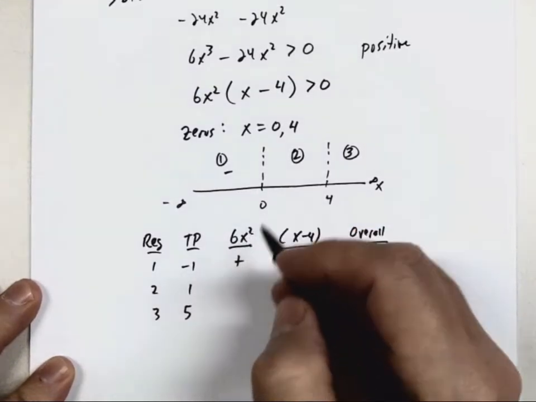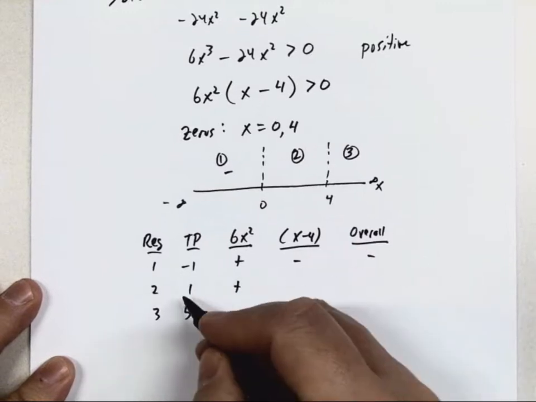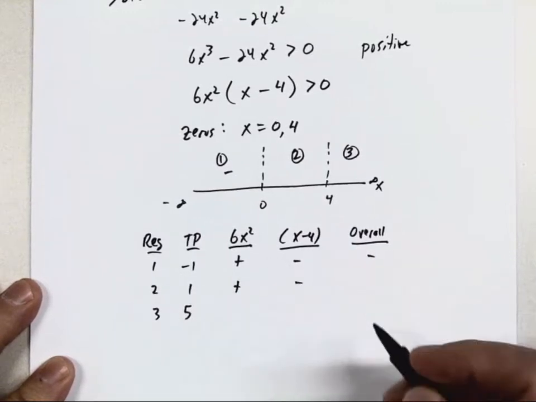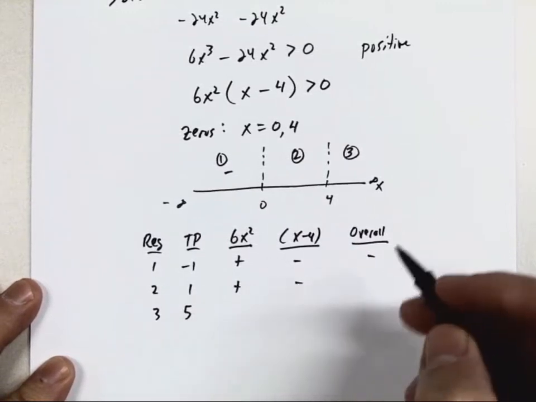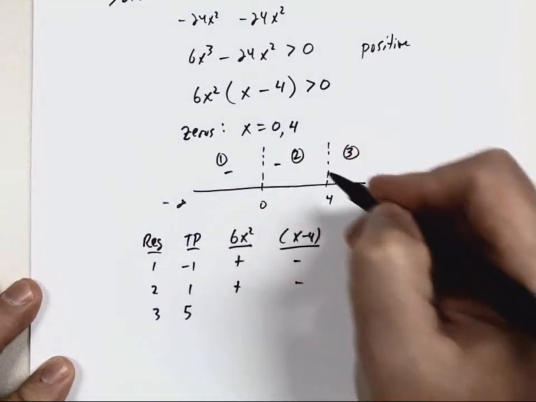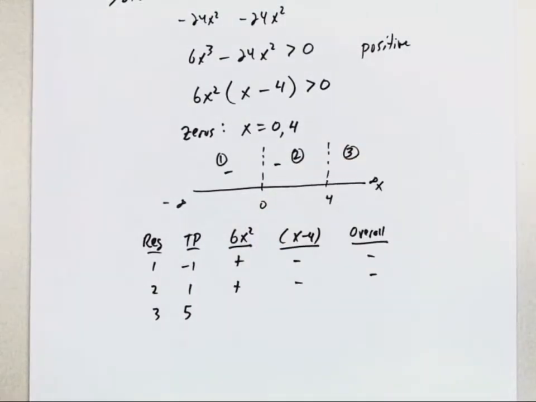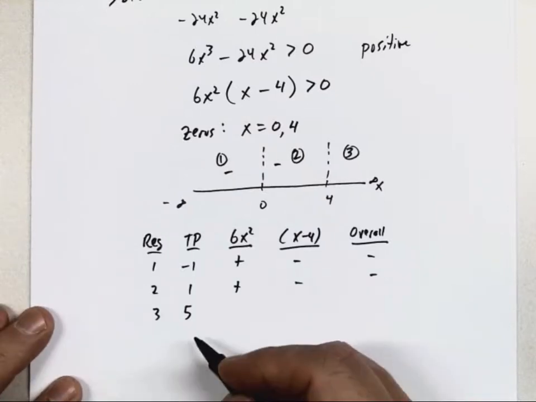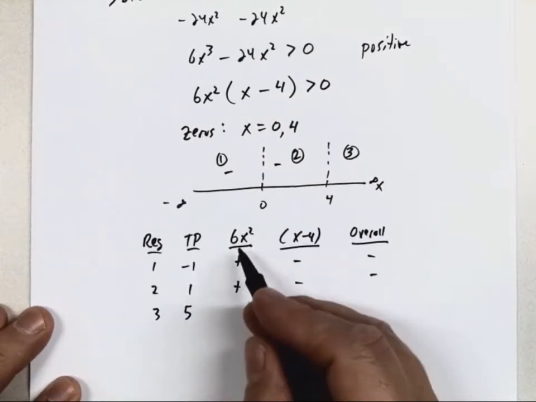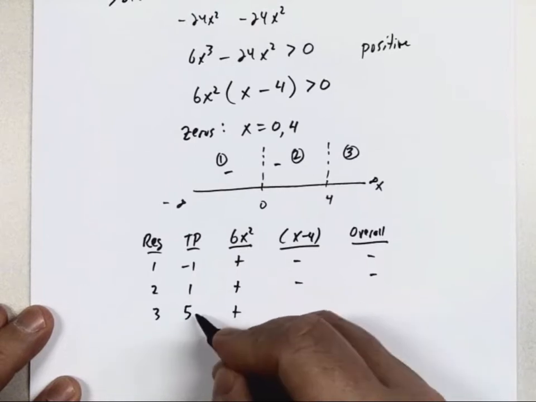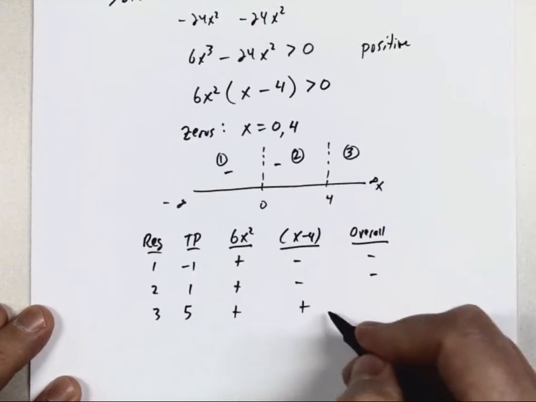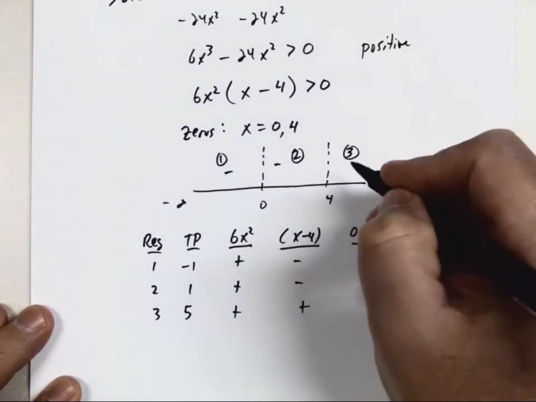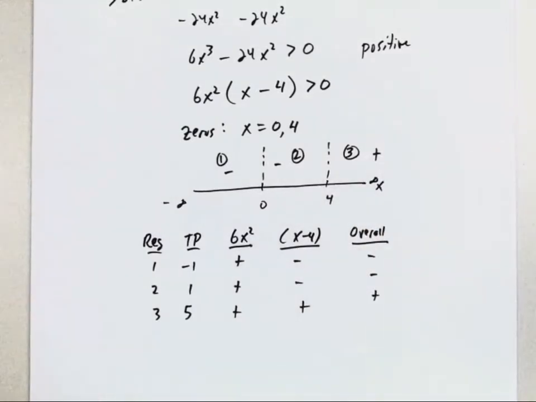It's just 6, so it's positive. Plug in 1 into here and it's negative. Positive times a negative, looks like region 2 is negative. It's interesting, two negative regions right next to each other. Now region 3, I plug in 5 into here, that's positive. 5 into here is positive, two positives. Then region 3 is positive.